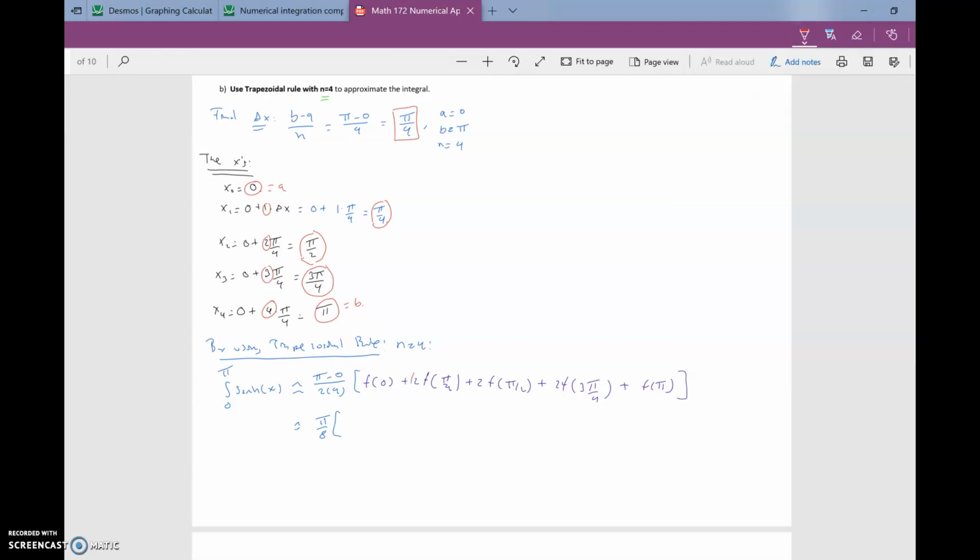So I'm using the 2s, which is going to multiply every one of those, obviously using the function f. So this is f of x as the actual sinh of x.